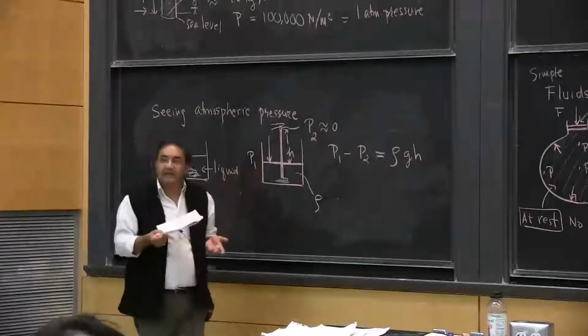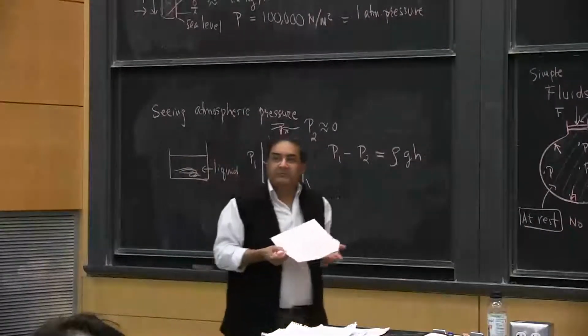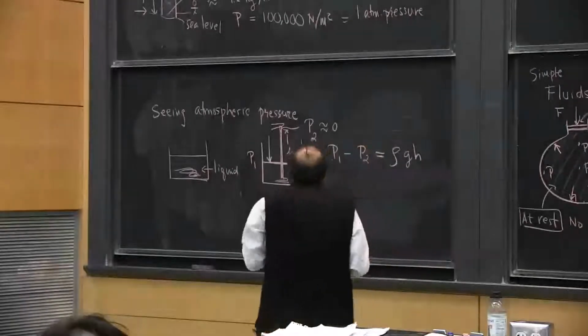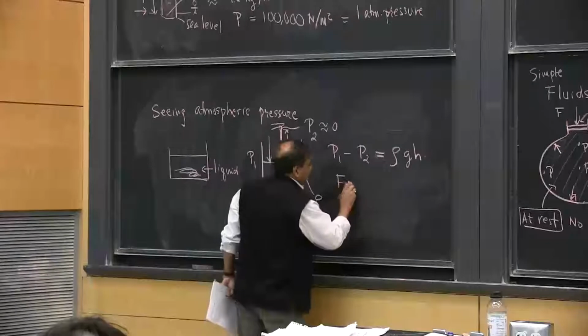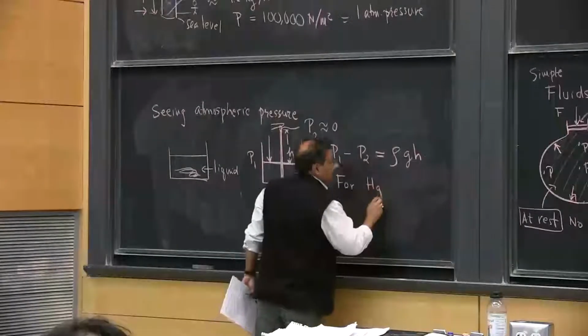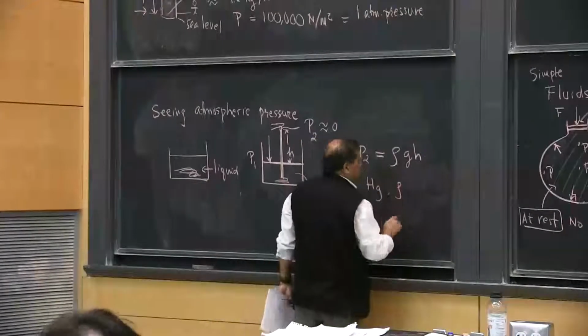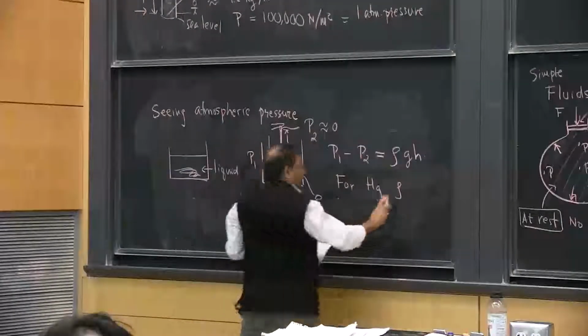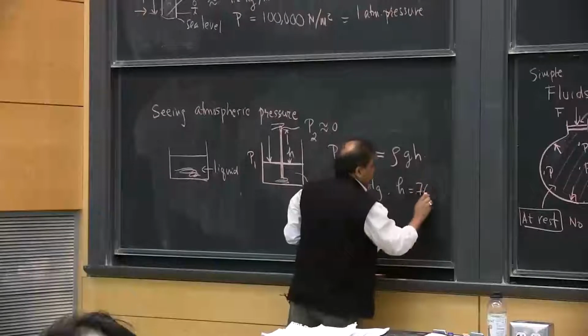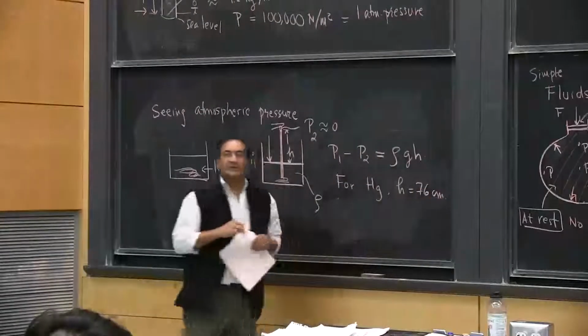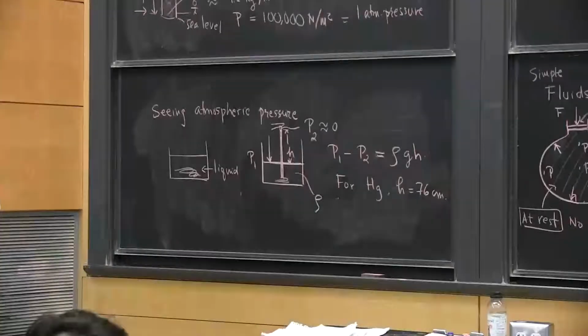Mercury is a very heavy metallic liquid at normal temperature. And for mercury, this height, denoted by Hg, comes out to 76 centimeters. That's your 76 centimeters of mercury level at atmospheric pressure.